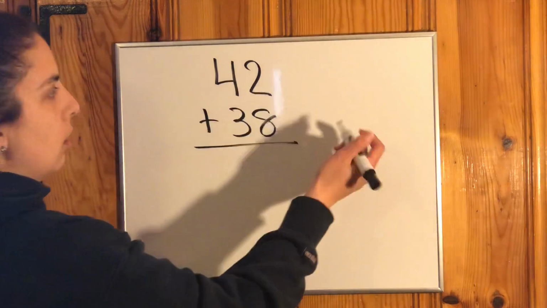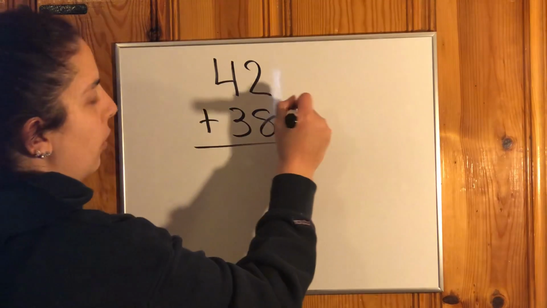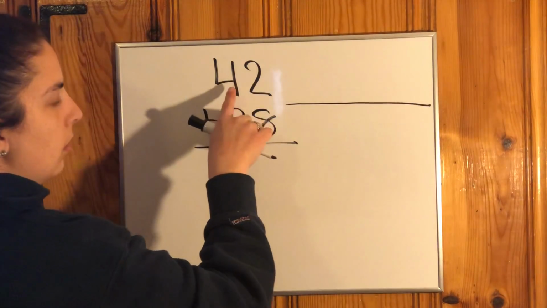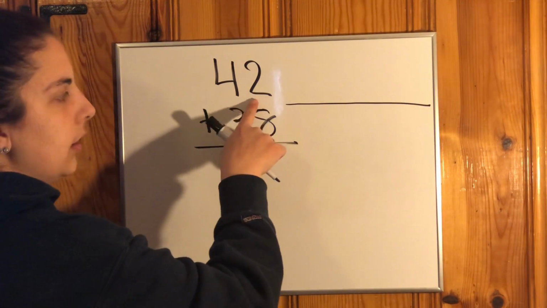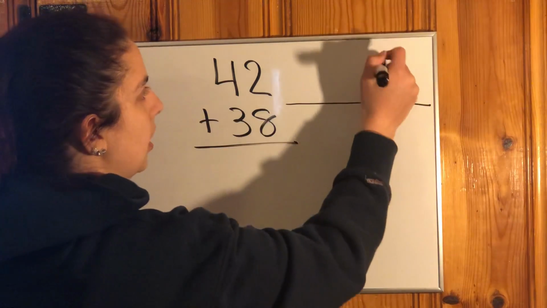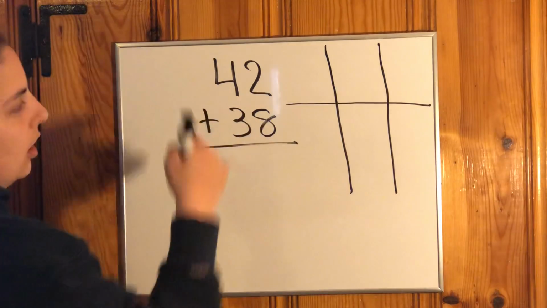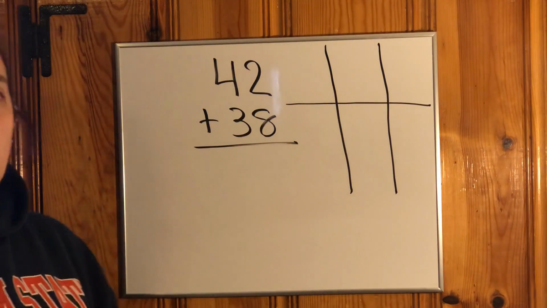So 42, I'm going to do it right next to my problem. 42 has how many ones in the ones place? 2. So we're going to draw 2 little ones in the ones place. I'm going to make 3 columns because this answer could be greater than a two-digit number.